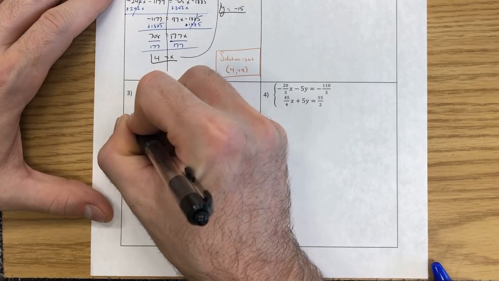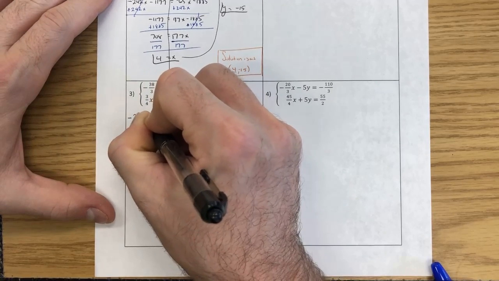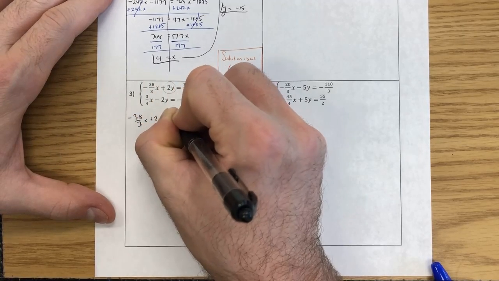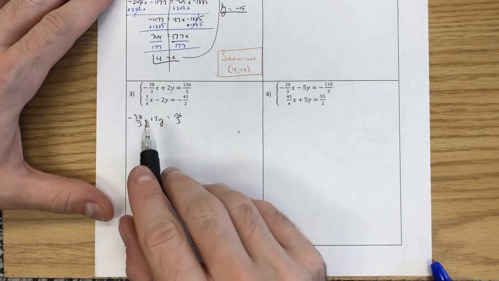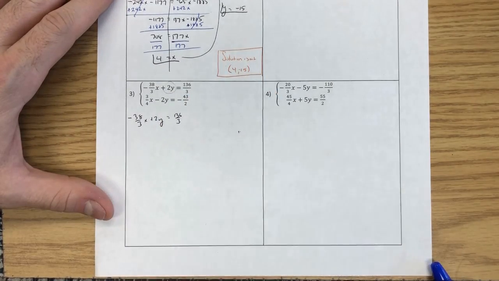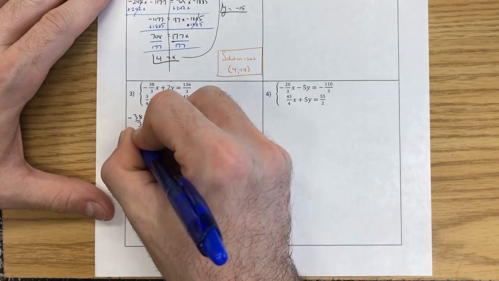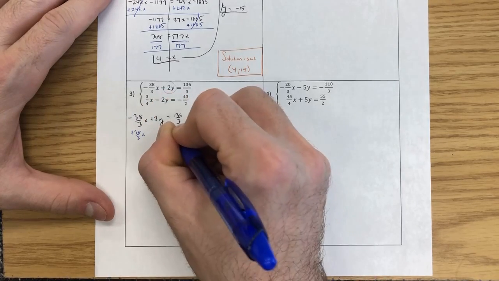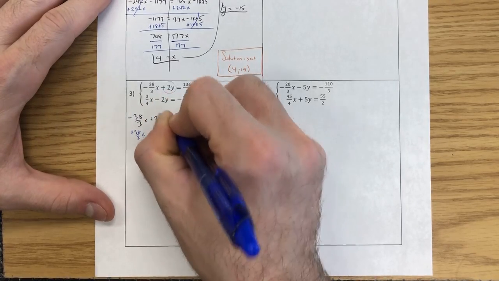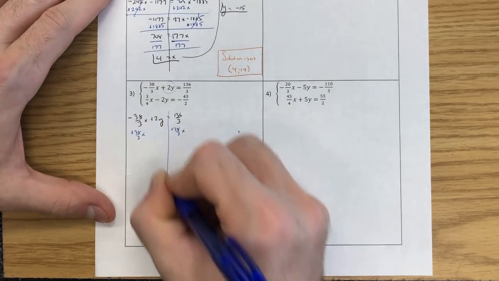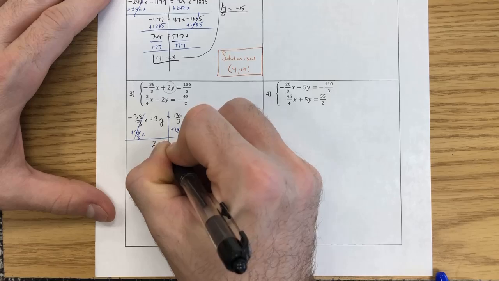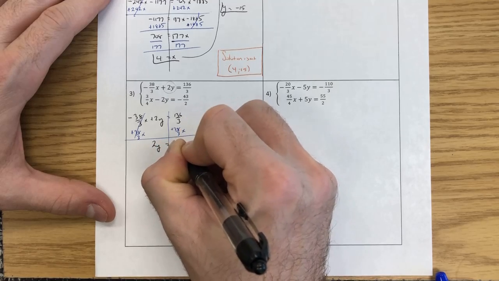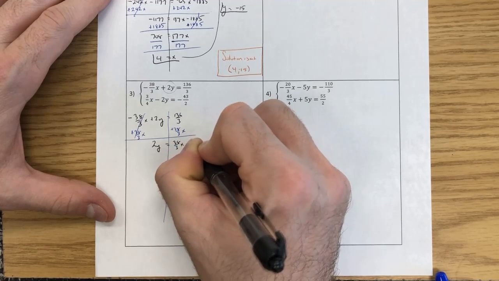So negative 38 over 3x plus 2y is 136 over 3. And so what we would do to isolate that y is to start, I would add 38 over 3x, which means that goes away. And then I get 2y is equal to 38 over 3x plus 136 over 3.